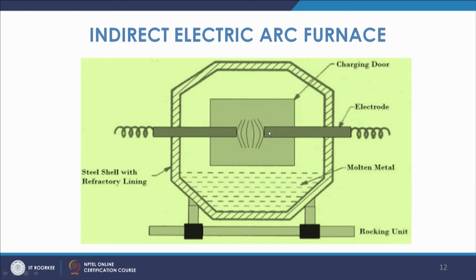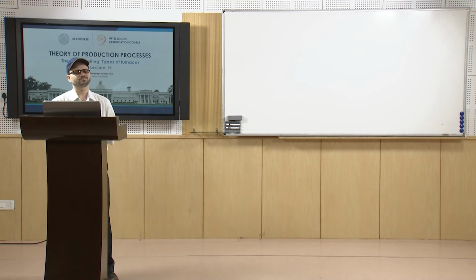Here the flame is produced because of the spark which is created. The spark generates high temperature, and that is able to melt the metal in this zone. So, you have either direct arc furnaces or indirect electric arc furnaces.